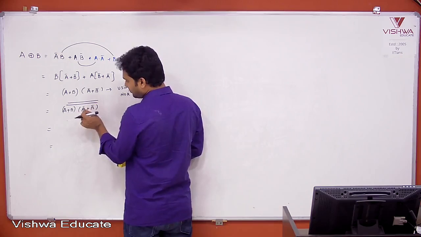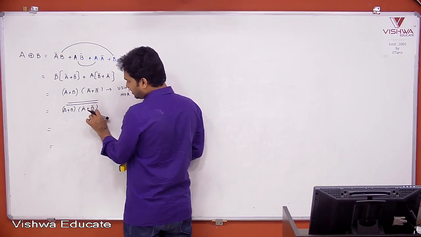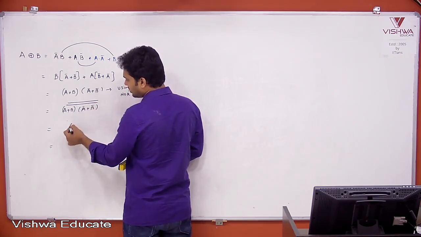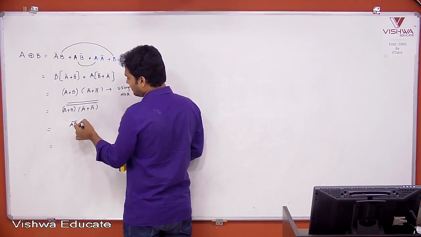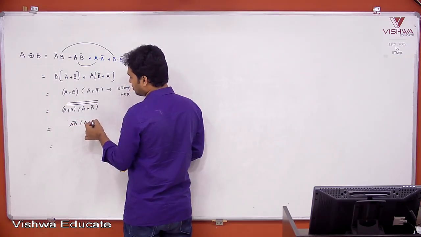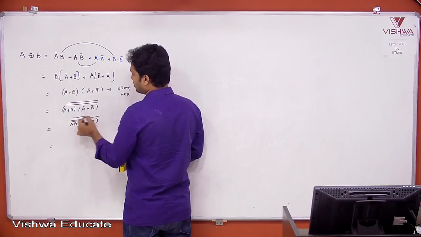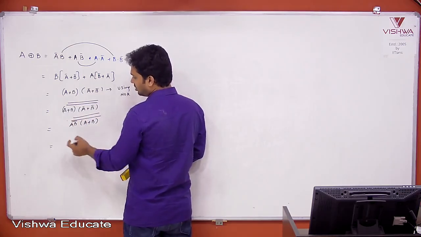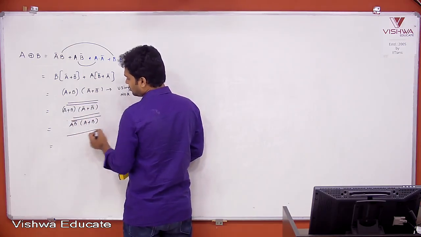Firstly, for easy understanding, A bar plus B bar can be written as AB whole bar. So I rewrite the equation as AB bar into A plus B double bar. Now, what is this function?